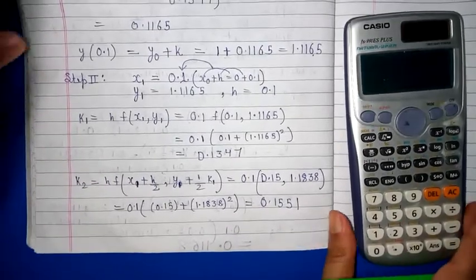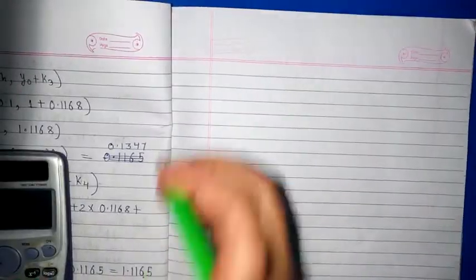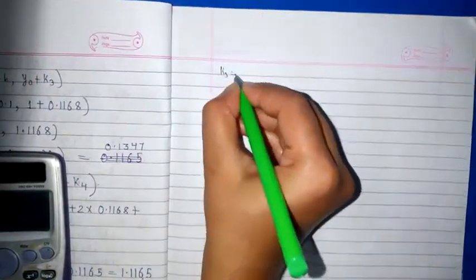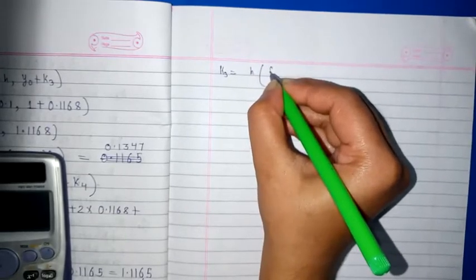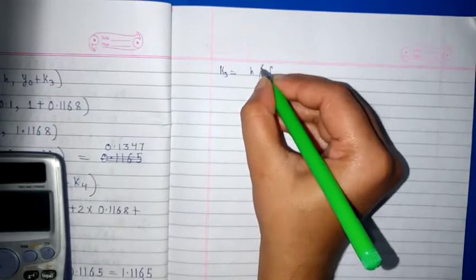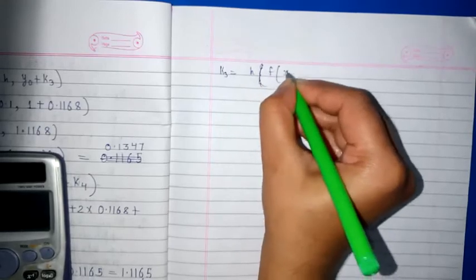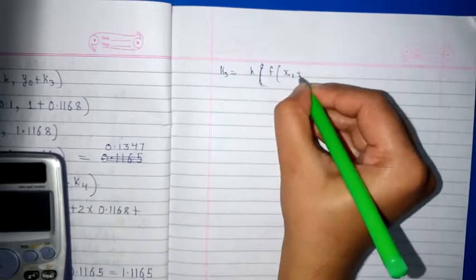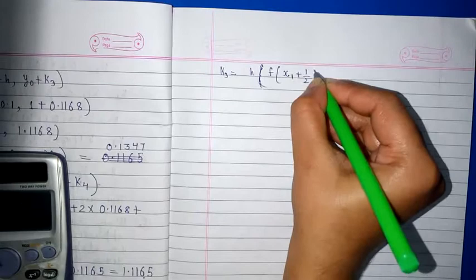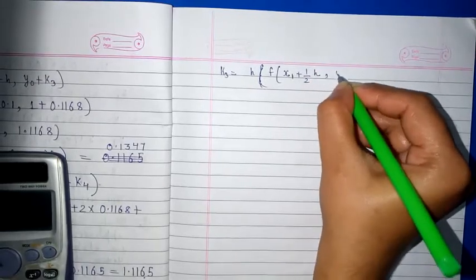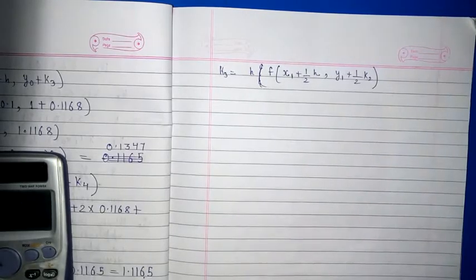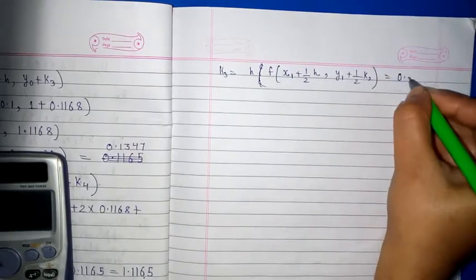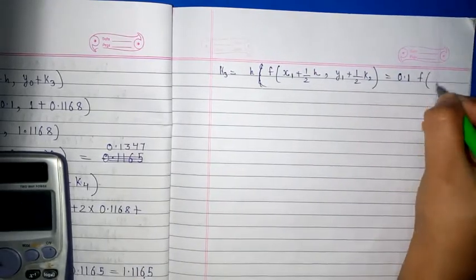So it needs lots of calculation. Now again we will find the value of k3. Now you understood the basic fundamental idea behind this. We just have to calculate f of x1 plus half h comma y1 plus half k2. Okay, we have all the rules, and with the help of those you can find the values.